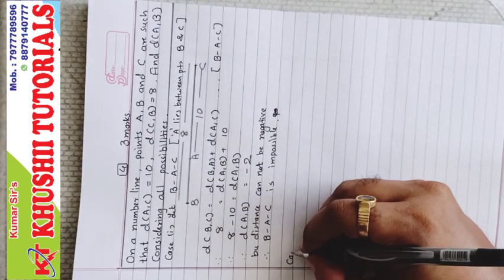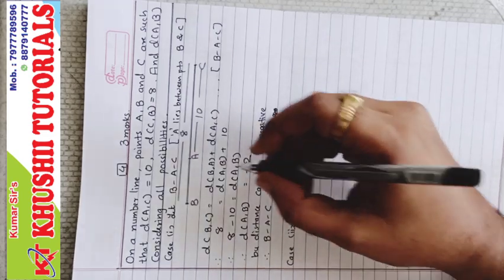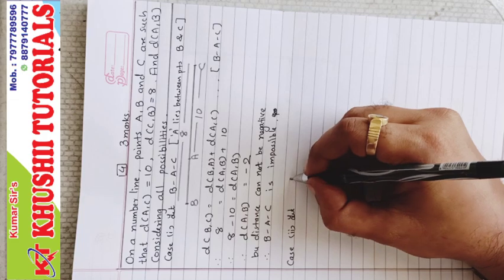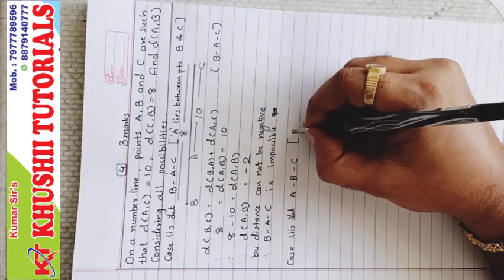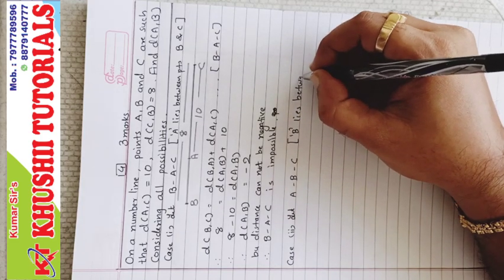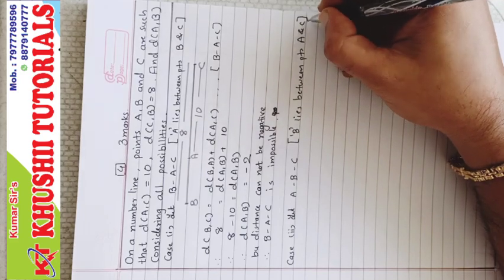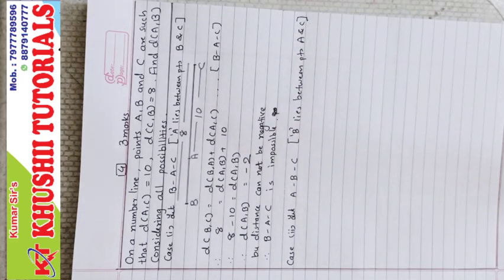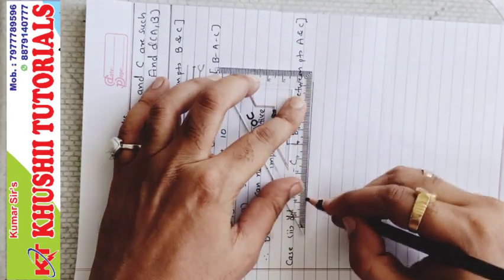Now case 2, we have taken A is in between, now we'll take B in between. So A dash B dash C, that is B lies between points A and C. Then again we have to draw a figure, a random figure.